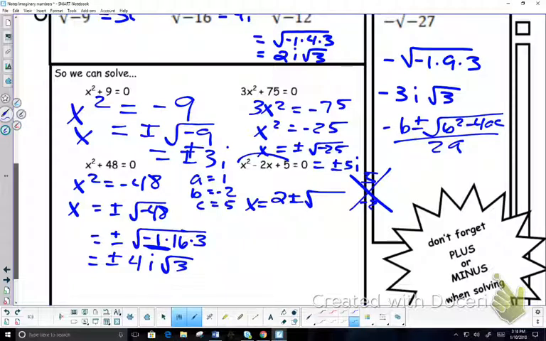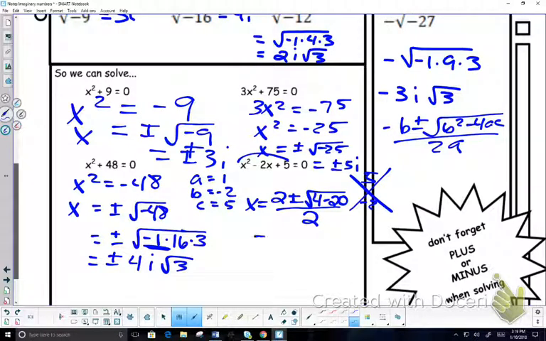It's 4. Minus 4 times a times c. 4 times 1 times 5. And then on the bottom is 2a, so that'd be just 2 times 1, which is 2.